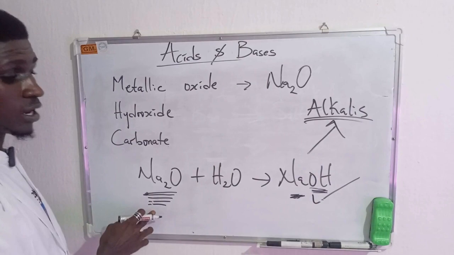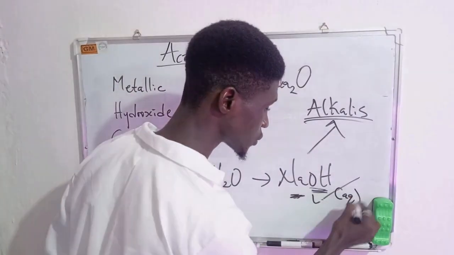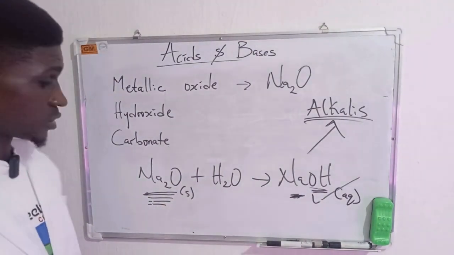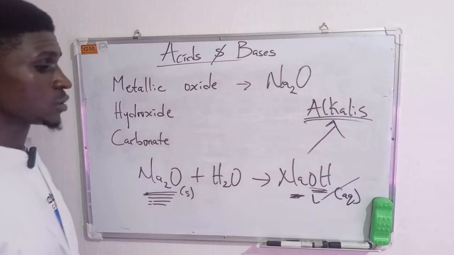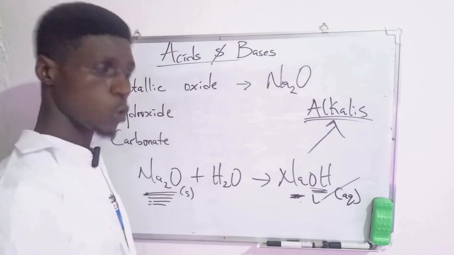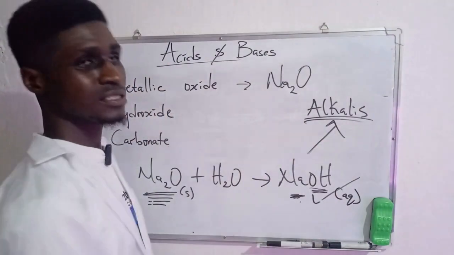But this is not an alkali, but this is an alkali because this is the one in aqueous solution, while this is in solid state. Are you getting it? So this is an alkali. Any substance that has been dissolved in water to produce hydroxyl ion is an alkali.